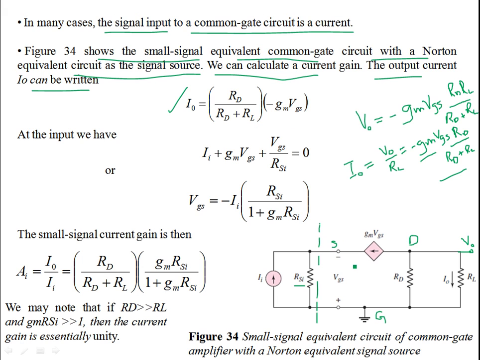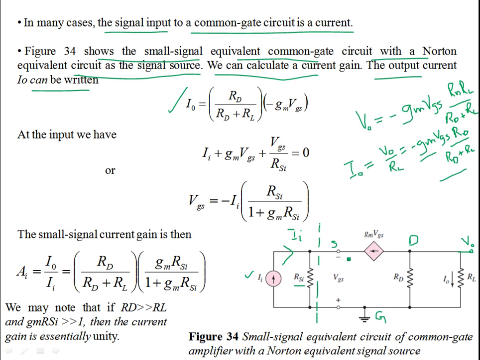Now at the input, we have this current source II. This current source is at the source terminal. It's coming into the source, and coming to the source is another current, the transistor current GM VGS. One is from the source, and the other is the transistor current.